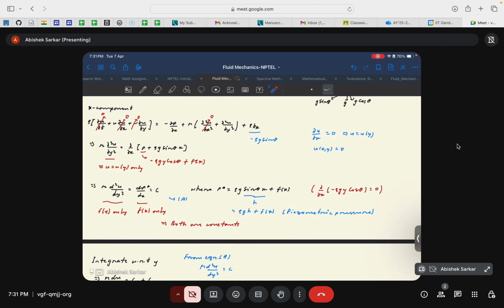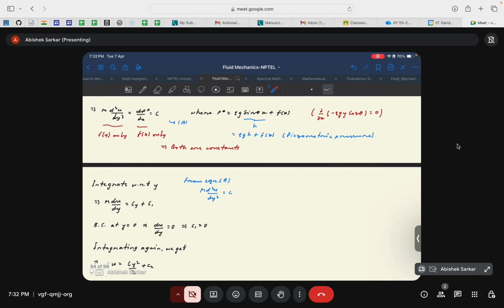You can look into it if you want, but it basically makes sense. It's very simple to imply that, so I don't think much more clarification is required. Your right hand side is a function of x only and left hand side is a function of y only, so they cannot be equal to each other if they are not equal to some constant c.